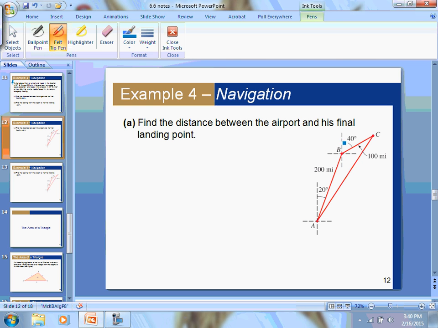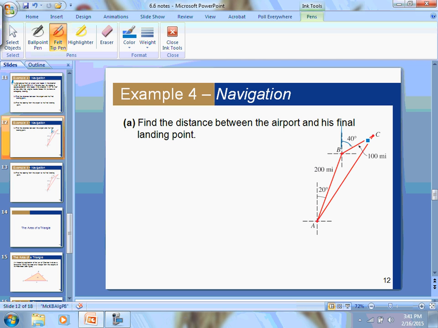So you got to think that there's like another axis here. And this time he goes north 40 degrees east. So he's going to turn and go this way now. So here's your 40-degree angle. And he goes this far for a half hour before he has engine trouble.